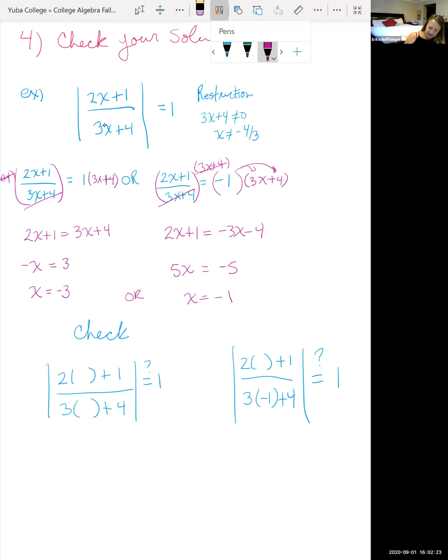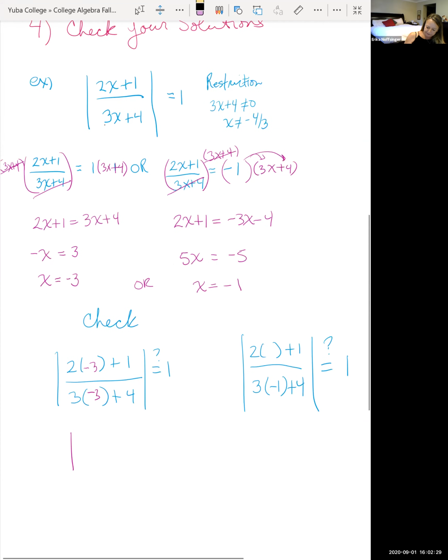So plugging in -3, this gives me -6 plus 1 is -5 in the numerator. This is 3 times -3, that's -9 plus 4 is -5. Absolute value of -5 over -5, well, this is the absolute value of 1, which is equal to 1.